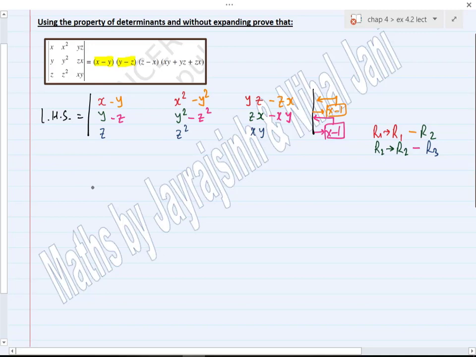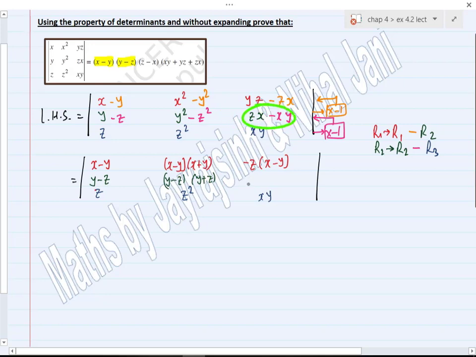So in this operation, our third row will be as it is, and the first row will be x minus y. Instead of x square minus y square, we can write x minus y and x plus y. And to get x minus y, we can take minus z common. So here we'll get x minus y. Similarly, your second row will be y minus z. Instead of y square minus z square, write y minus z, y plus z.